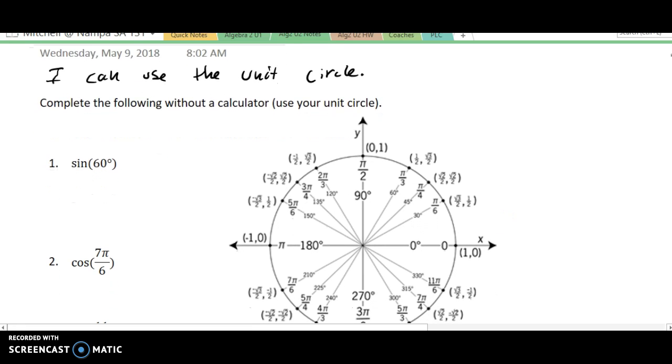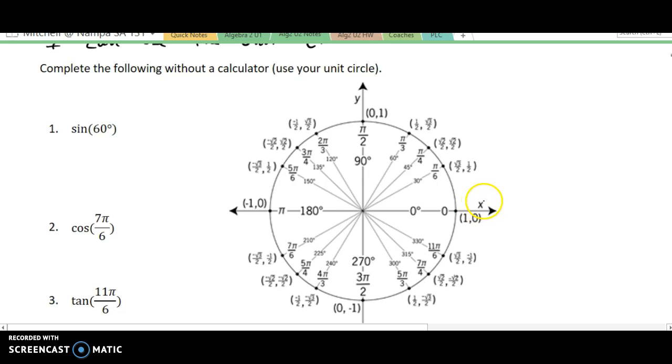First of all, this is an XY coordinate plane, and the sine is equal to the Y. The cosine is equal to the X, and the tangent is equal to the Y divided by the X. Okay?